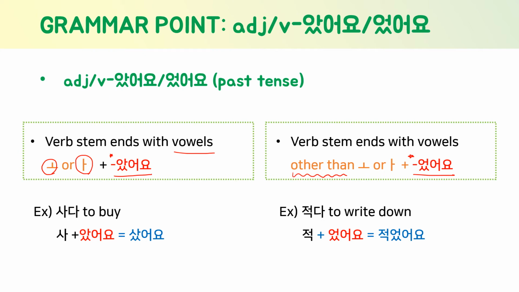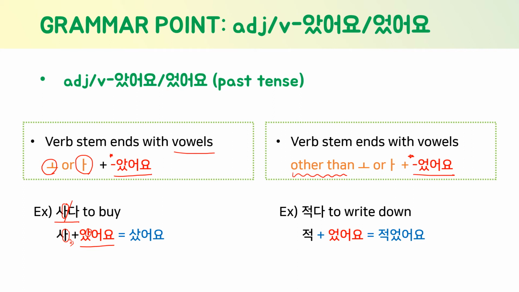So here, the verb 사다, to buy. The verb stem ends with the vowel a. So in this case, you add 았어요. So it becomes 샀어요. So the rule is the same. There are two same vowels; one of the vowels drops, and you use it only once. 샀어요.